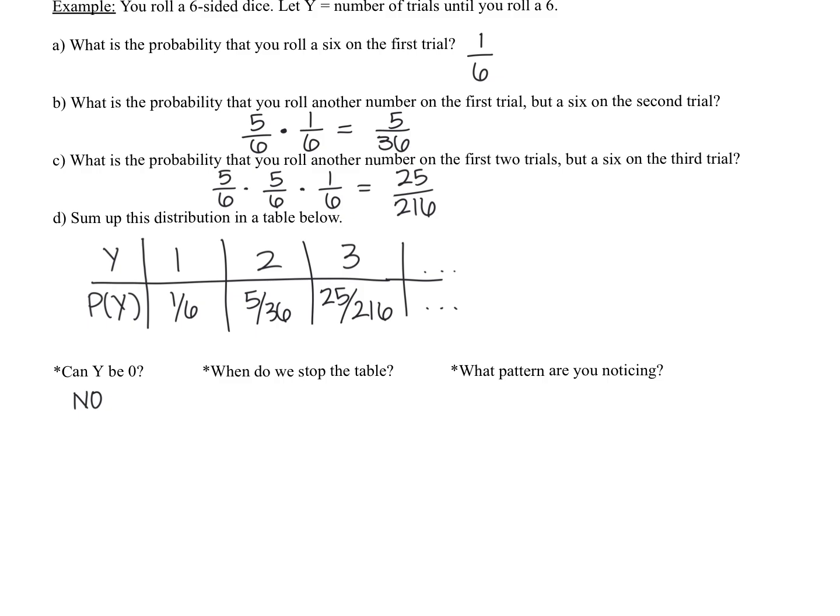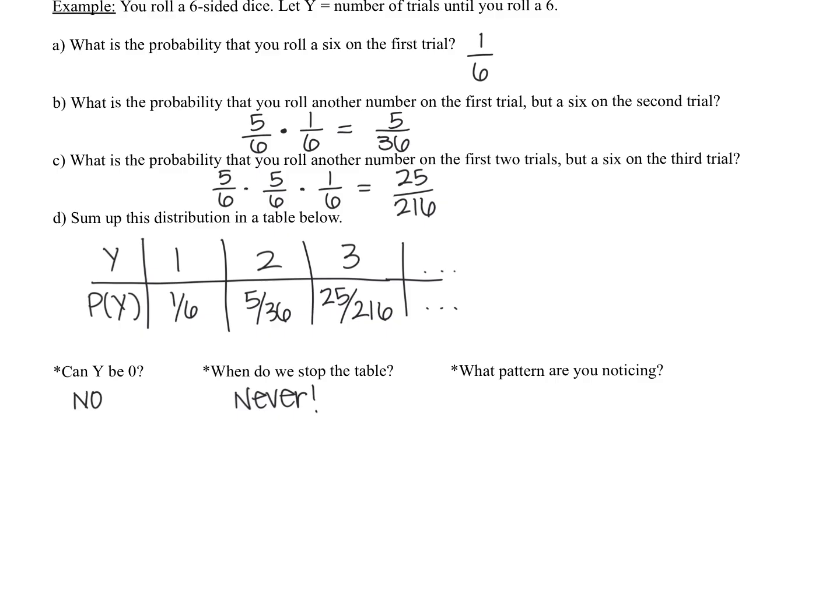The next thing is, if we were to look at a table, when do you stop? And the answer is never. You could keep going forever without a success. Now, eventually your probability is going to get so small that it's practically zero, which is unlikely that you're going to have one that goes on forever. But there's a reason why we don't do distribution tables for geometric, and that's because technically they go on forever.